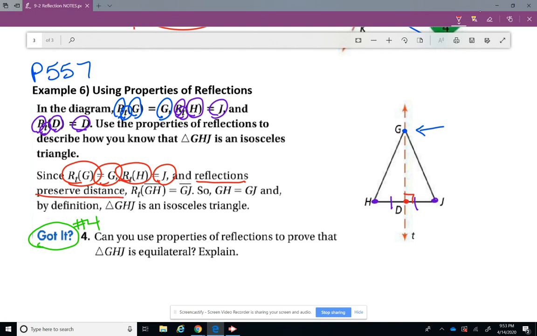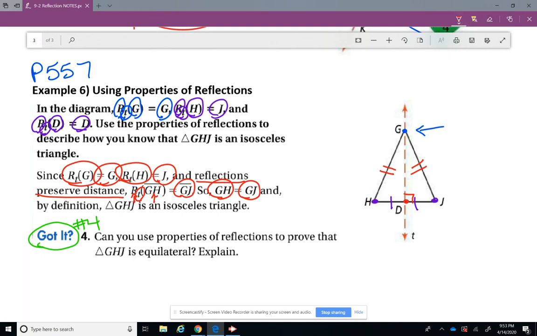If I reflected segment GH over line T, I'm going to get segment GJ. So this distance GH and this distance GJ is also preserved. So GH equals GJ. And by definition, that makes an isosceles triangle because you have two sides that are congruent.